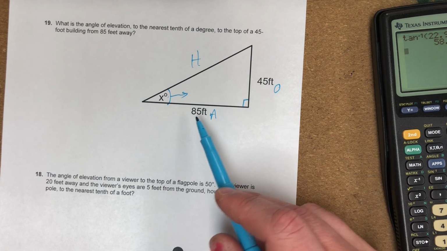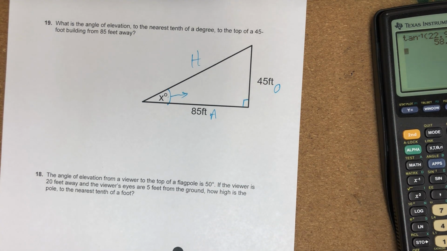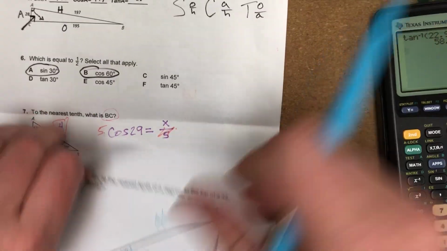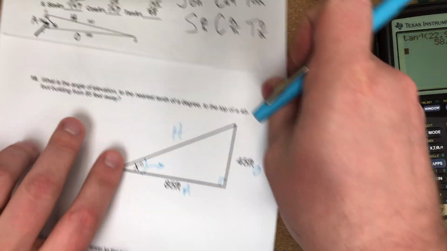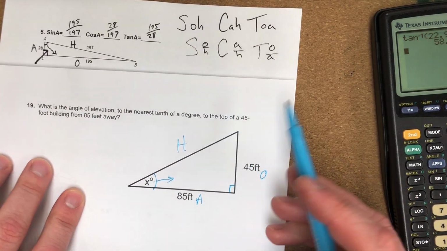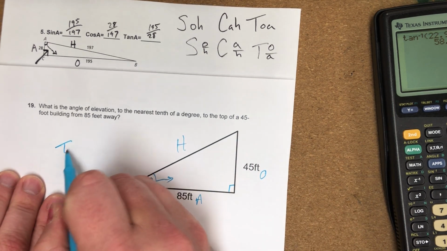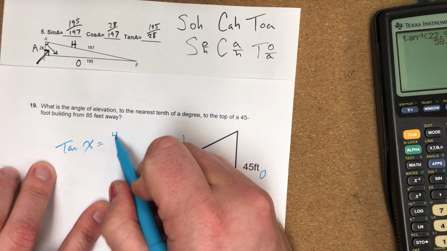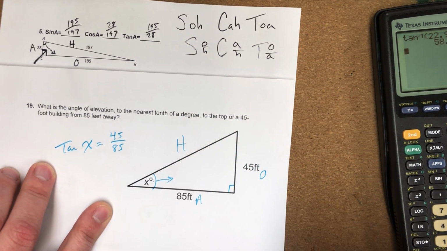So I have O and A. All right, we have O and A. So that's tangent. So I can say tangent of x is equal to O over A, 45 over 85.